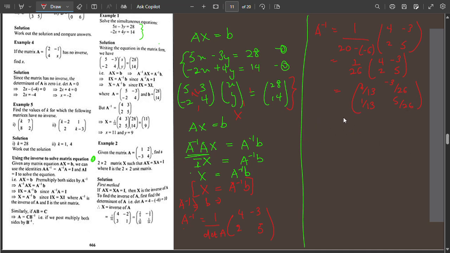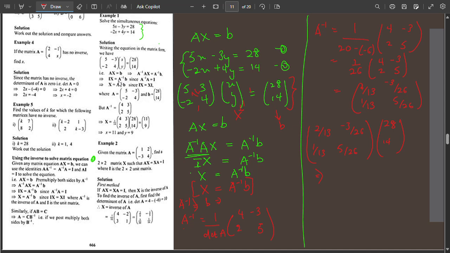Now all I need to do is to multiply the inverse of A, which I have here, by B, which I have here. It's so easy, right?